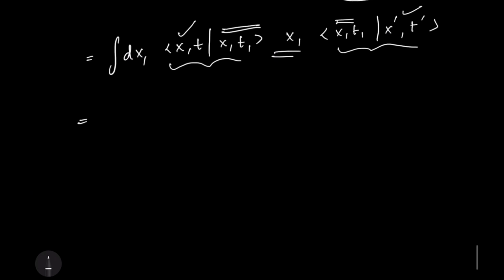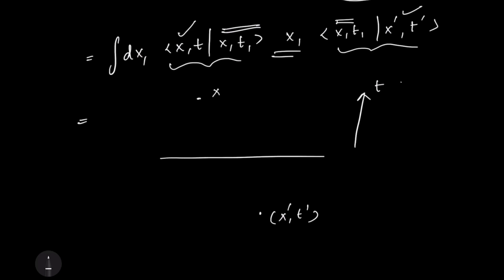So how does this path look? If you have t on the y-axis, this is x prime t prime, this is x t, and you have an intermediate point x1 t1. First x prime t prime goes to x1 t1, then from there you go to xt.